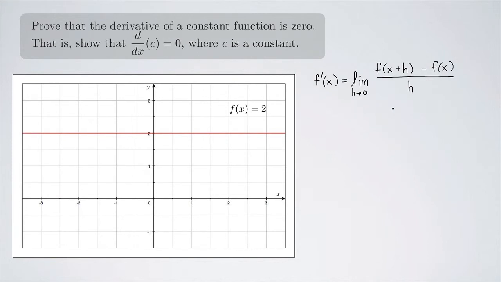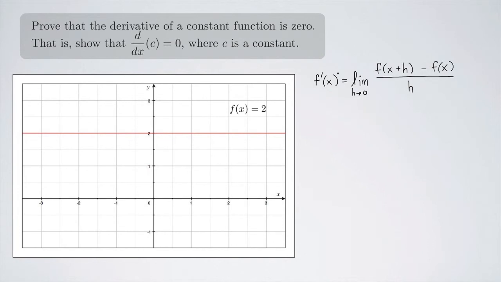On the y-axis we have the coordinates f of x and f of x plus h, and we're calculating basically the slope of the secant line connecting those 2 points. That's what this expression is here. And then we're letting the limit as h approaches 0 in order to actually get the slope of the tangent line. Okay, so also when we're writing a formal proof, it's probably best to use complete sentences.